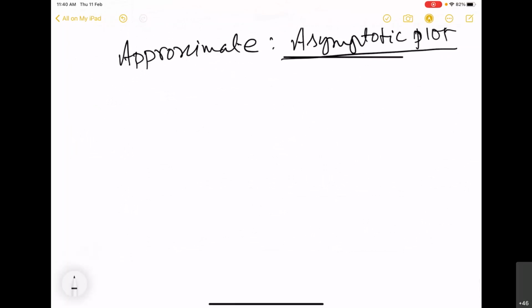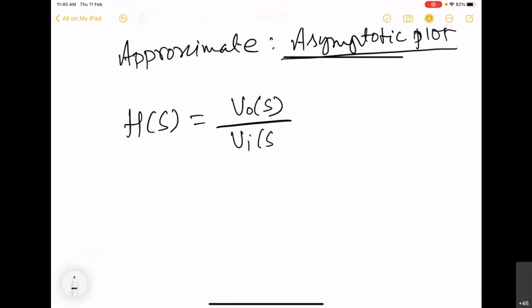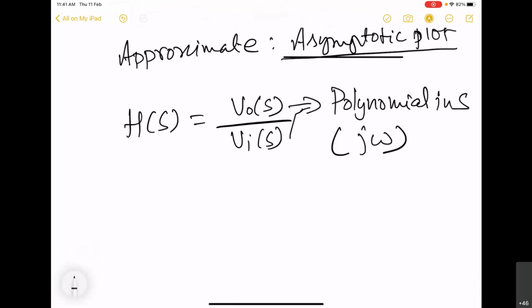So we will see how this Bode plot is created for any given transfer function H(s). First, we have already seen that this is always going to be a ratio of two polynomials, and both are going to be polynomials in s, that means in j omega also.